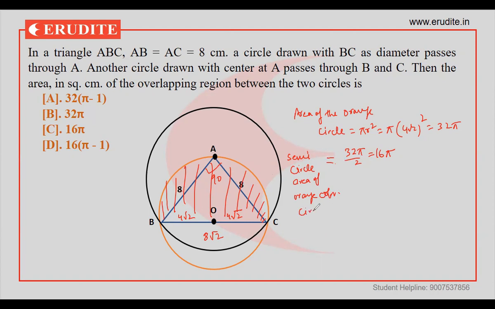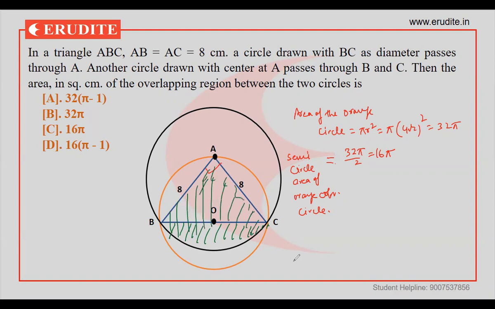Right? Now the next thing which we have to find out is the area of the segment. Area of this segment you can find out by subtracting the area of this triangle out of this entire sector.